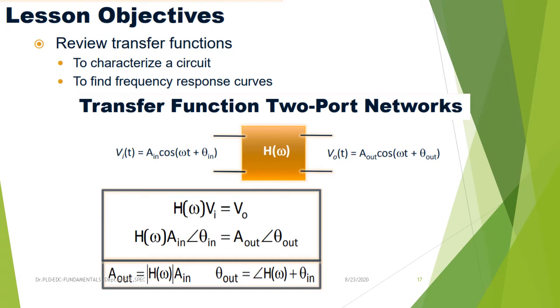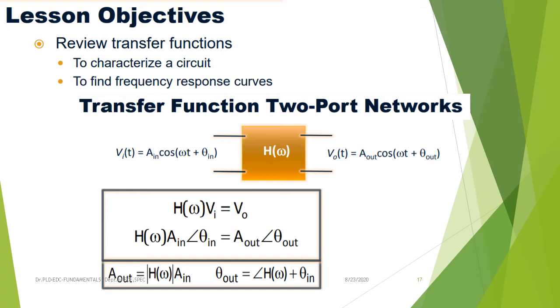But if it has a phase that must be considered, we have to represent omega t plus theta. Theta_in indicates the phase of the input voltage. Vi of t denotes that we are observing this input voltage with respect to time.